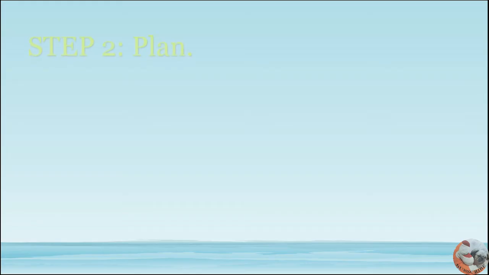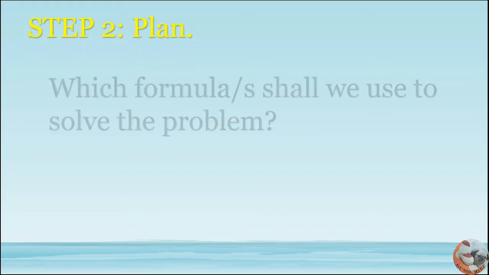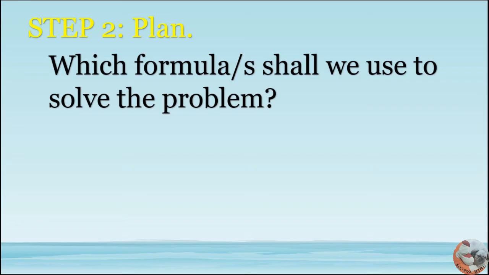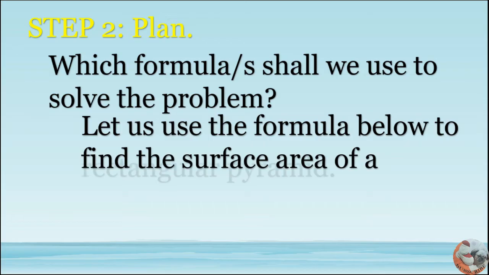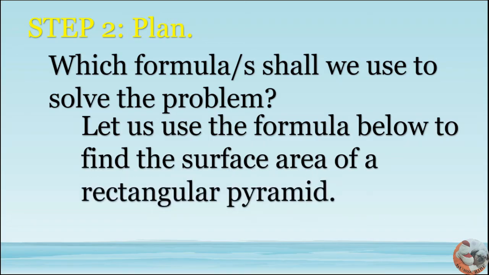Step 2. Plan. Which formula shall we use to solve the problem? Let us use the formula below to find the surface area of a rectangular pyramid. Surface area is equal to lateral area plus base.